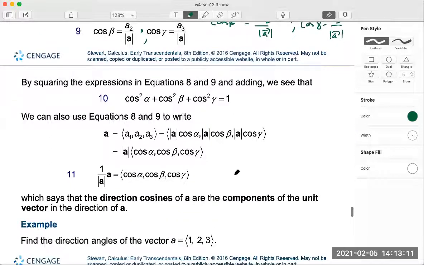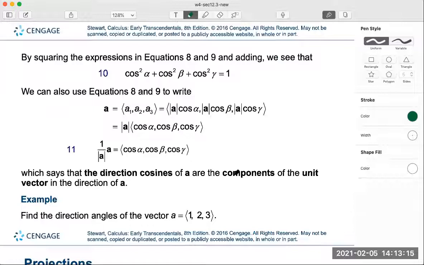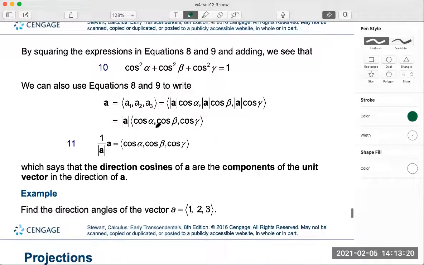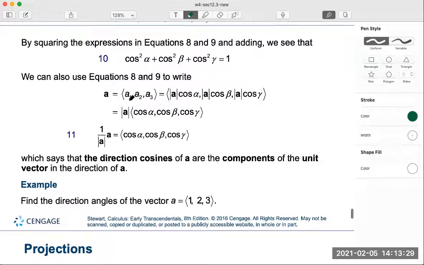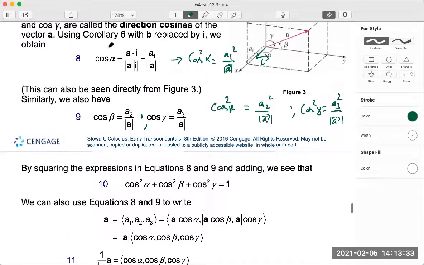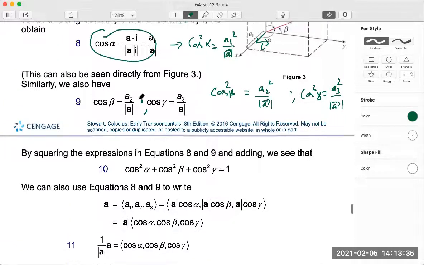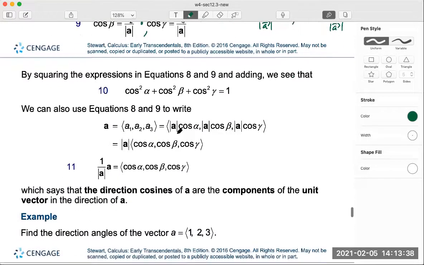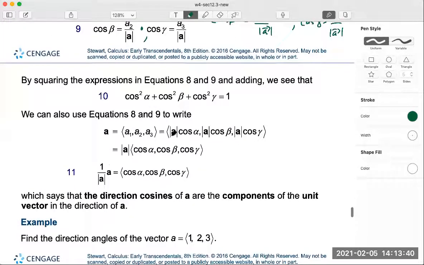Or in the future, I think this is the best way to memorize and compute the angle between the coordinate axes, the direction angles. So for A here, we see that A1 from this relation, the relation 8, 9 here, we can write it as the magnitude of A times cosine alpha.